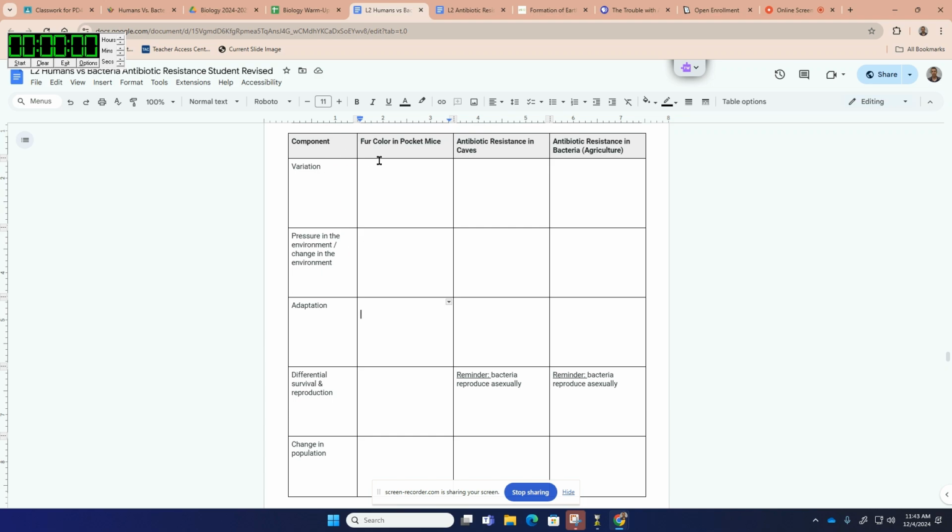Well, in the case of the pocket mice, it was camouflage. Right? So having camouflage is an adaptation that can help mice survive, which is going to tie into different colors being better, so on and so forth. In terms of biological warfare, having resistance to antibiotics, once again, is going to help survive.